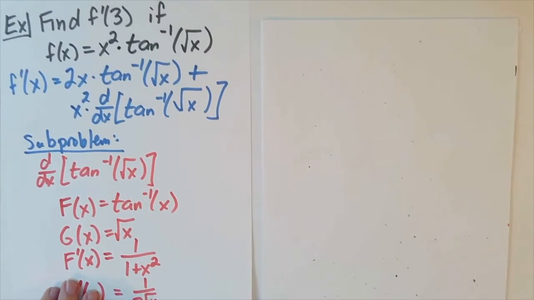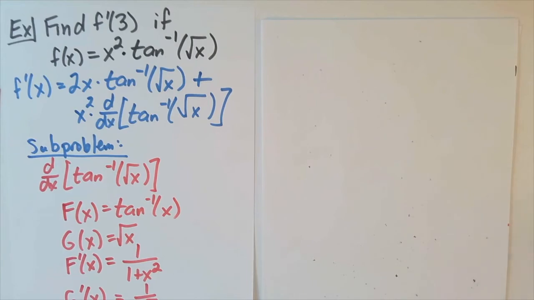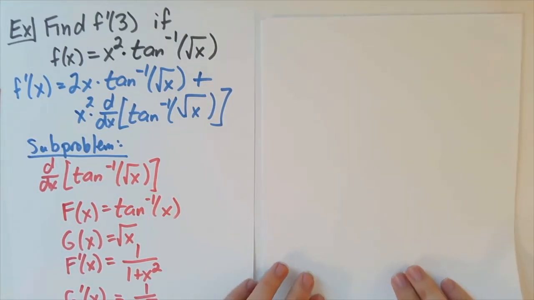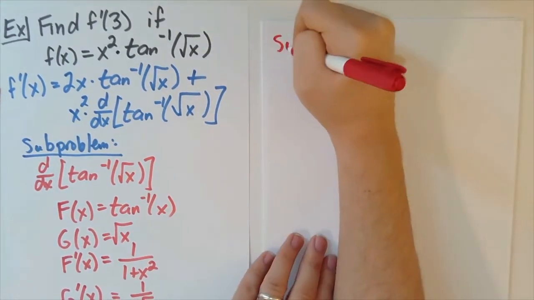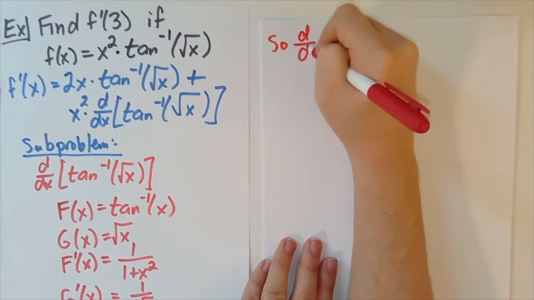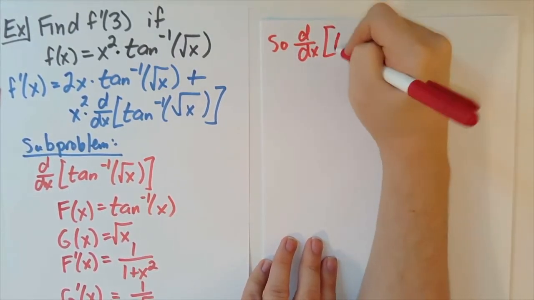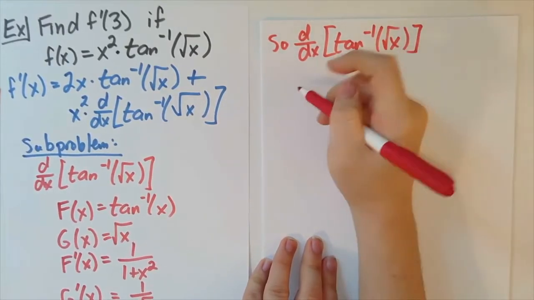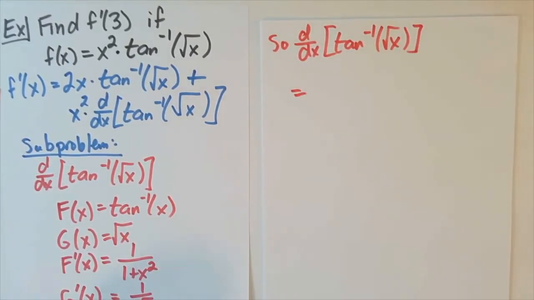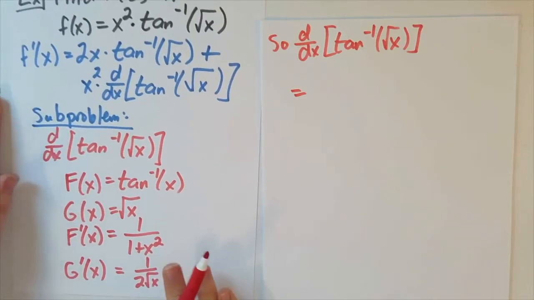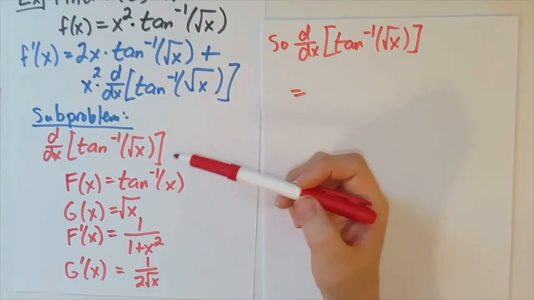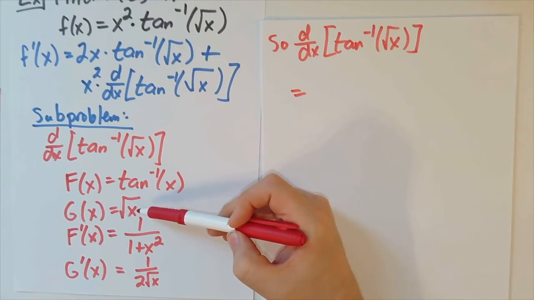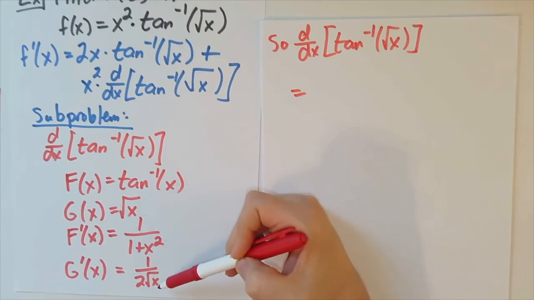And so now we know that the derivative of the inverse tangent of the square root of x is, and so remember what the chain rule says, that you're going to take f prime of g and then multiply it by g prime.